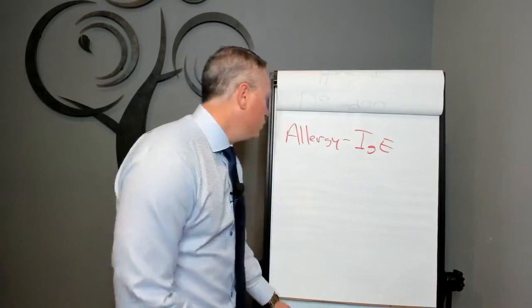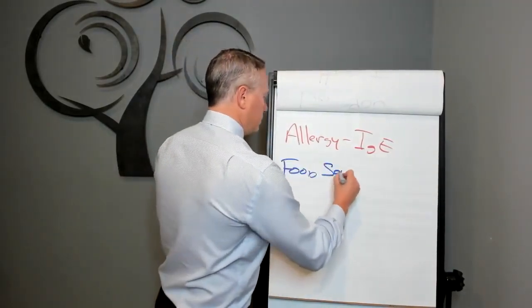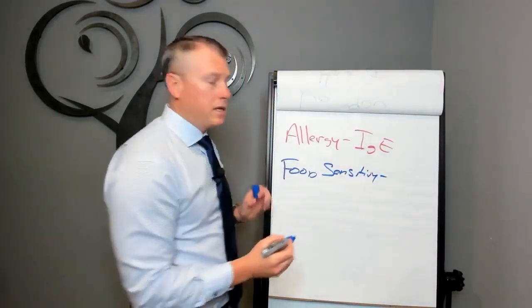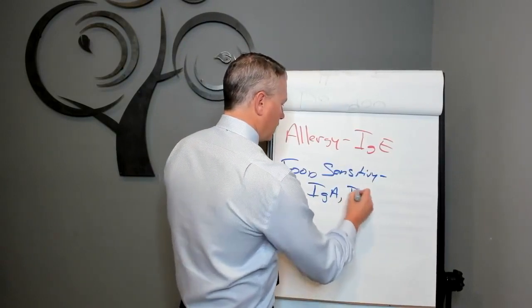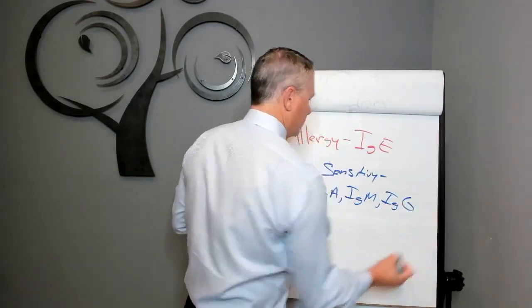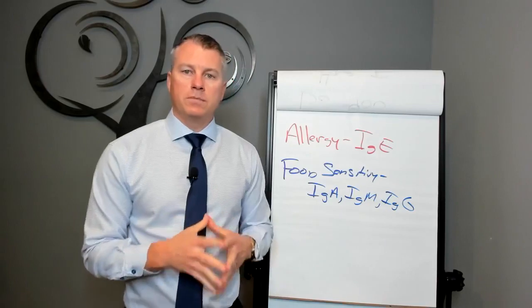Now, from a food sensitivity, what that response is going to be is either an IgA, IgM, or IgG. So these are the three different types of immunoglobulin reactions you're going to experience.